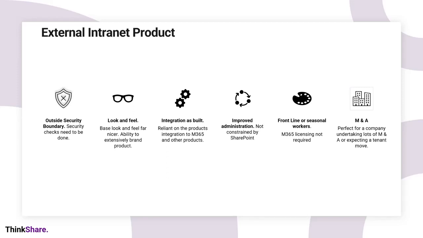With an external intranet product, you will not need to do that. You're just paying for the external intranet product license. So it can work out cheaper if you've got a large section of the organization that don't have email and don't have Teams, but you want to give them an intranet, then an external intranet product might work out a lot cheaper.